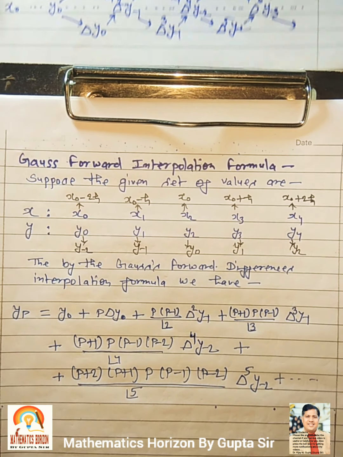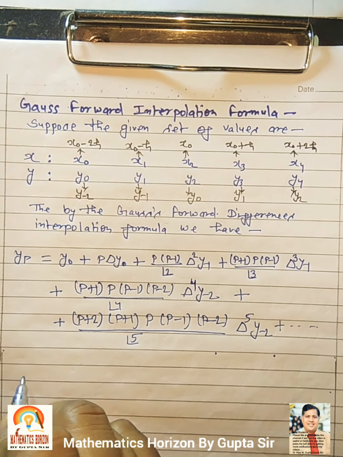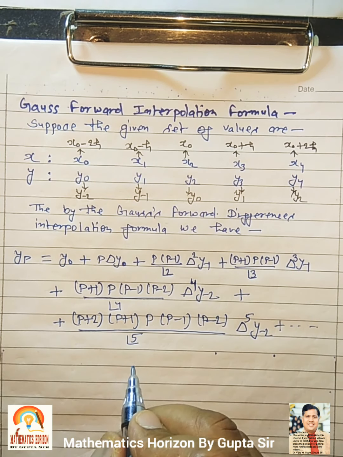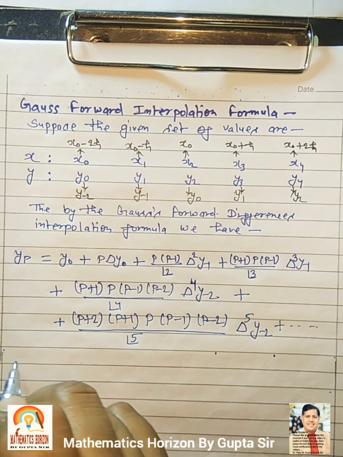Okay, here this is our central line, and how can we find out p? P is calculation value minus initial value. What is p?